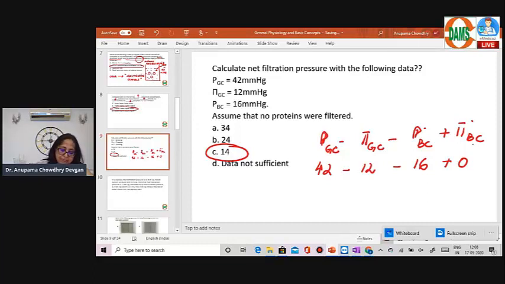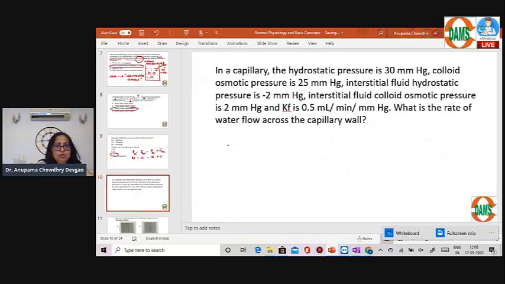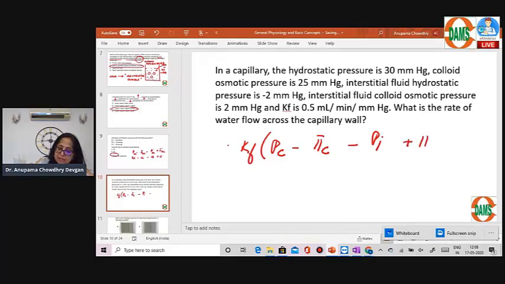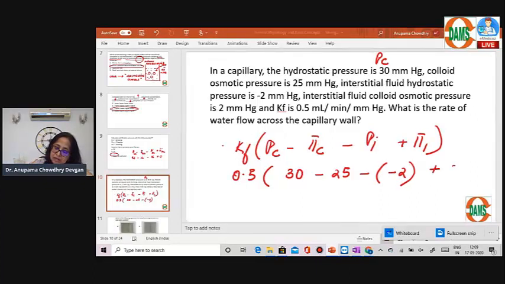Okay, let's have a look at the next question. This also you should not have a problem. Again, this is KF, the rate of tissue fluid formation is KF into PC minus pi C minus Pi plus pi I. KF is given as 0.5, PC is given as 30, pi C is 25, Pi is minus 2, and pi I is plus 2.